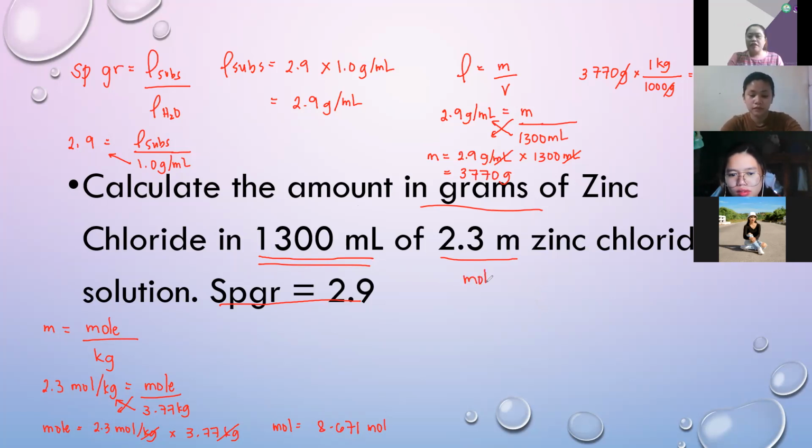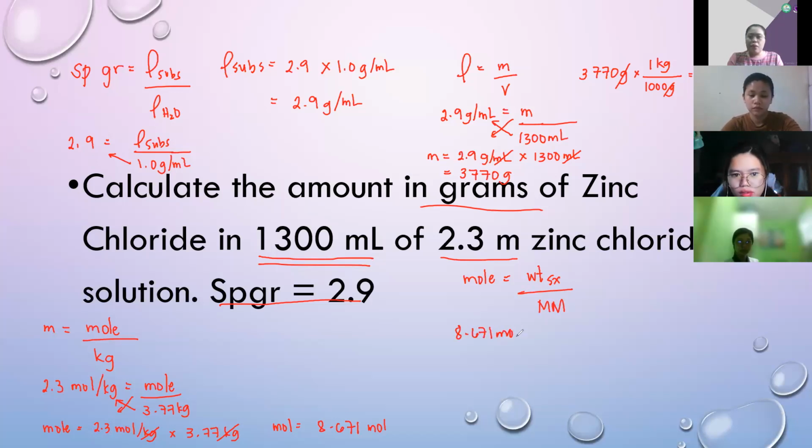So let's go back to the formula. Mole is equal to the weight of the sample divided by its molar mass. So this is 8.671 mole. And then the weight of the sample here. And then for the molar mass, this is zinc chloride. I'll just put it here in the middle. Zinc chloride, class, is ZnCl2.